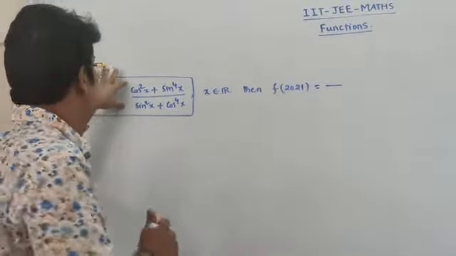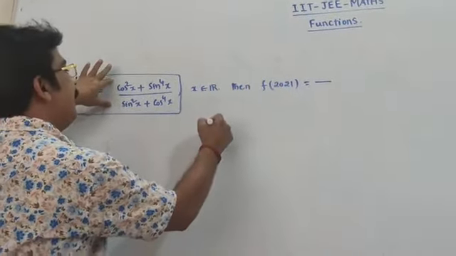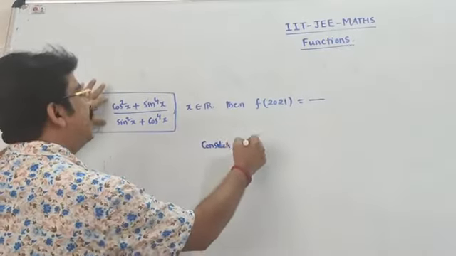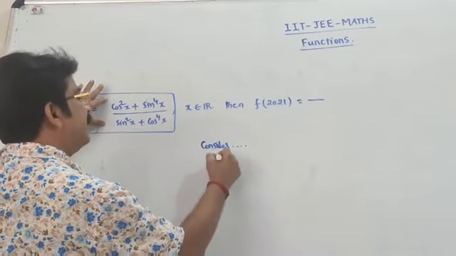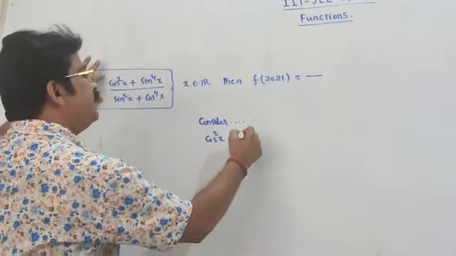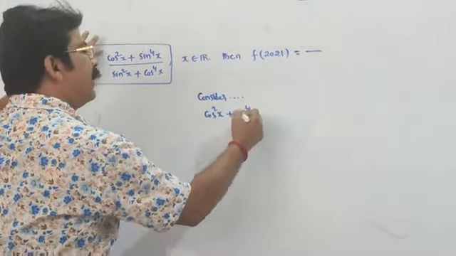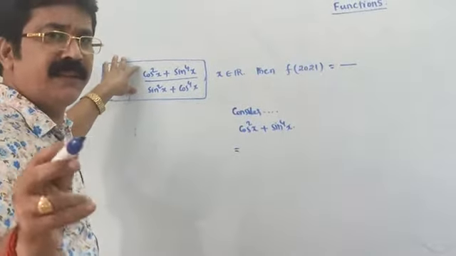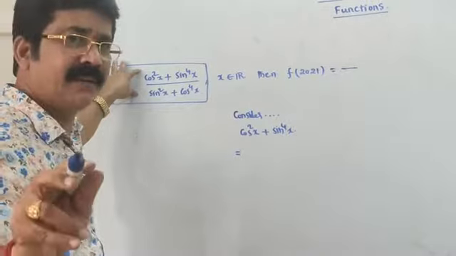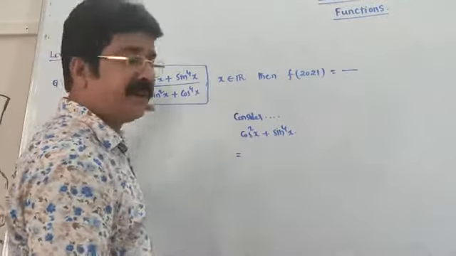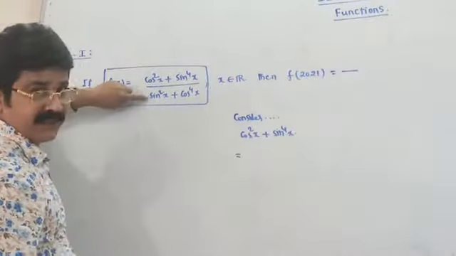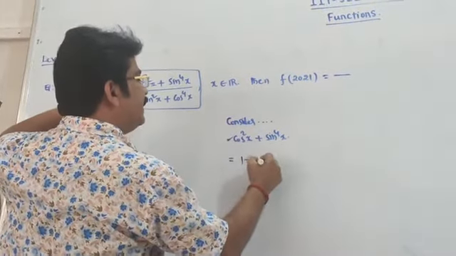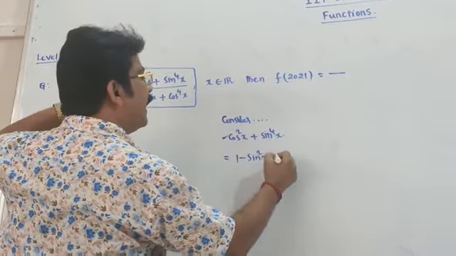Let us observe. Let us consider cos square x plus sin to the power of 4x. Now I am trying to express this numerator in terms of the denominator by using basic points. In the denominator sin square is there, that's why cos square equals 1 minus sin square x.